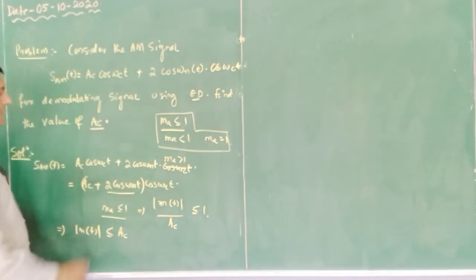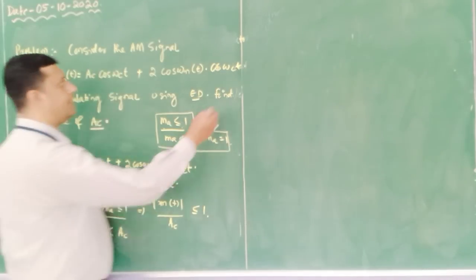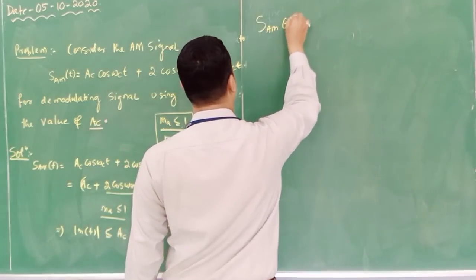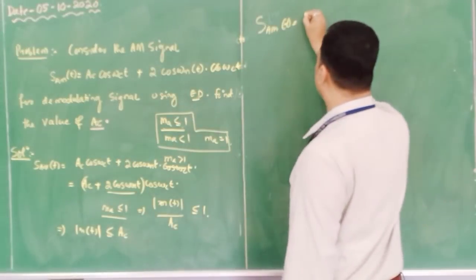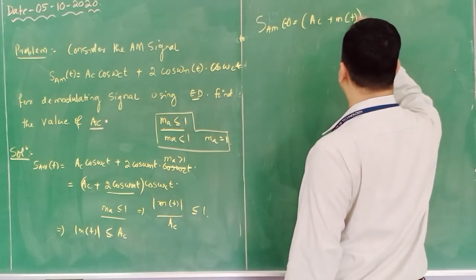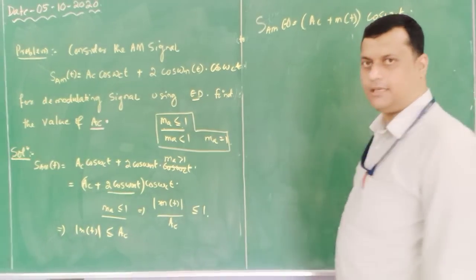Here you can see the amplitude of the modulating signal is 2. For 2 cos omega_m t, what is the magnitude? The magnitude is 2. Vm cos omega_m t is m of t. So I can write here this equation: s_AM of t is equal to (A_C plus m of t) into cos omega_c t. Done?